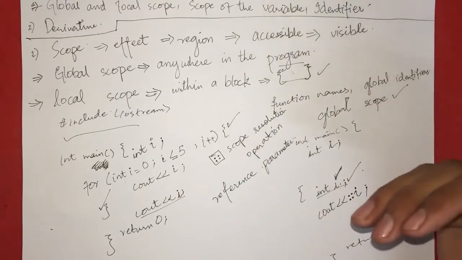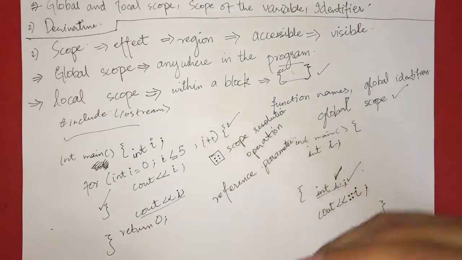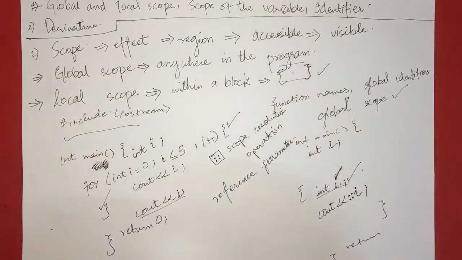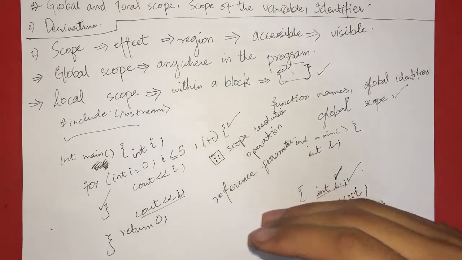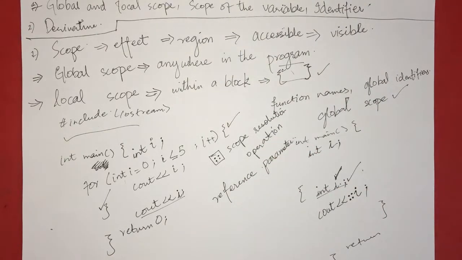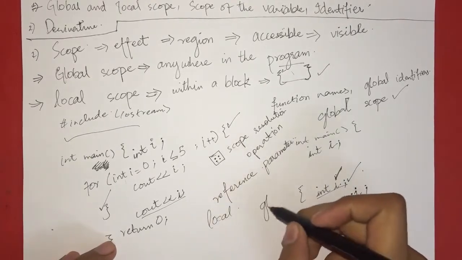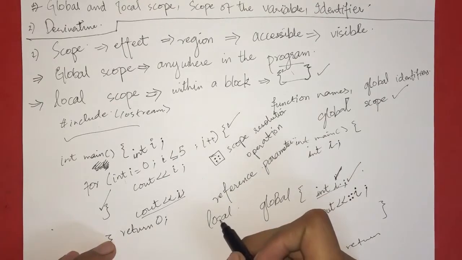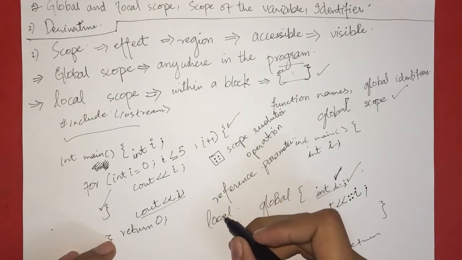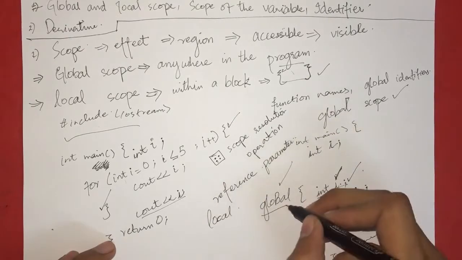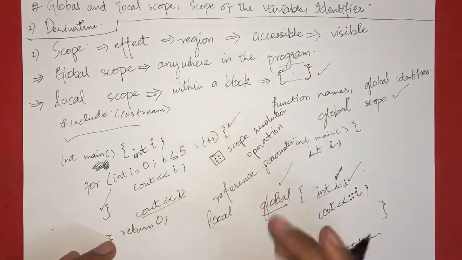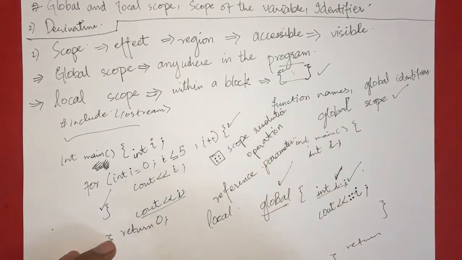So the value of the global identifier is changed throughout the program, and then you're going to get a semantic, logical error. It will be really hard to find where the mistake was. So it is always better to use local identifiers than global identifiers, because a local scope won't affect any other part of the program, whereas a global scope will affect every part of the program where the global identifier is used.